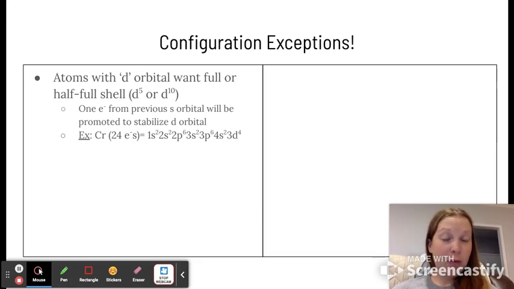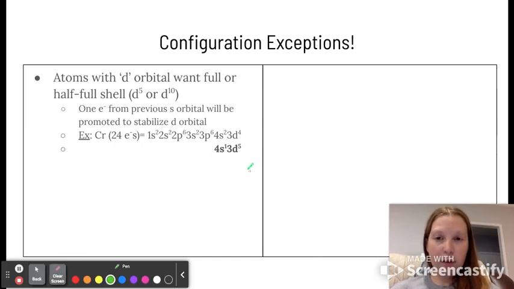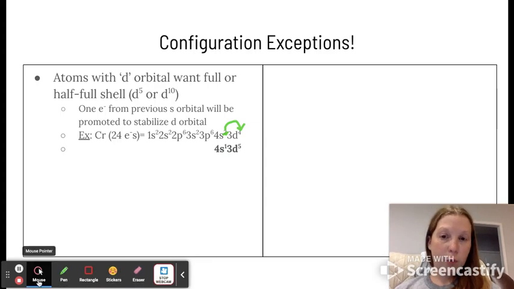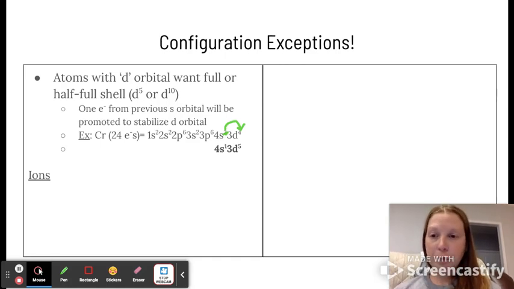We want to be a d5 or a d10 if we can. So what you actually will do is promote one from this 4s. So we're going to mark that out, promote it up here to make it 4s1 3d5. That's what we want. Again, it also does the same thing with copper.